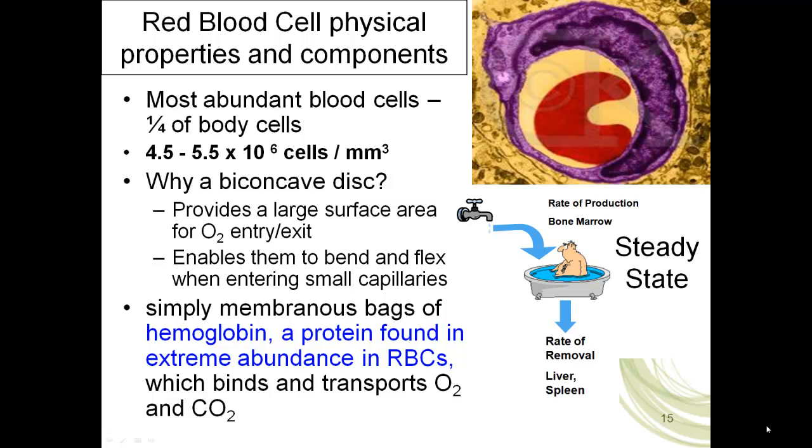So the biconcave disc allows a red blood cell to bend and flex while going through capillaries, but also a biconcave structure allows for an increase in surface area, and this will allow a greater rate of diffusion.